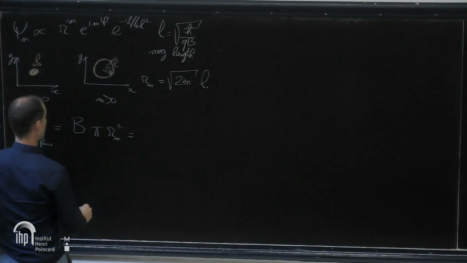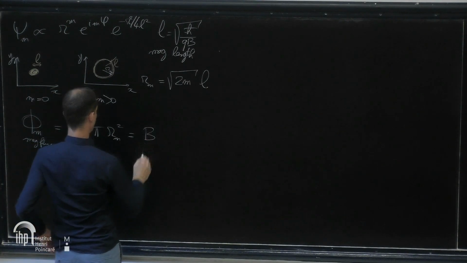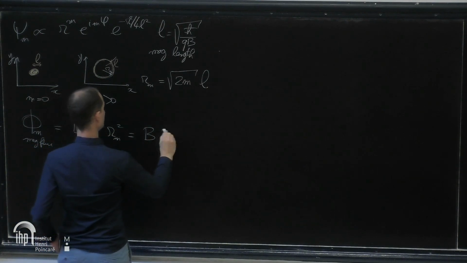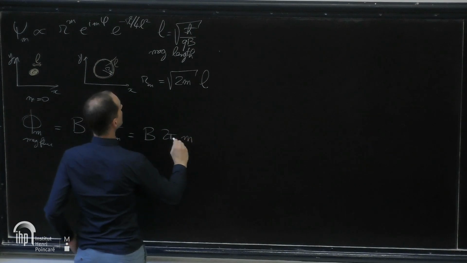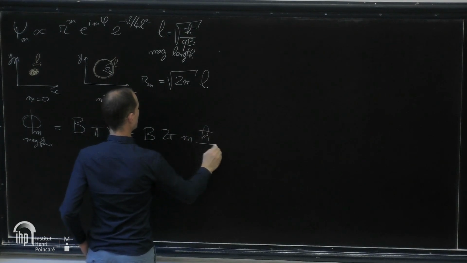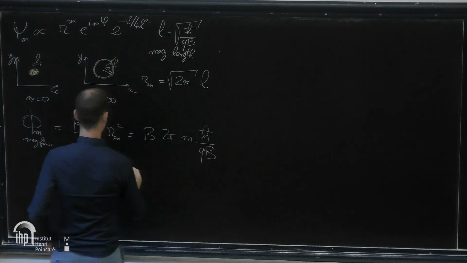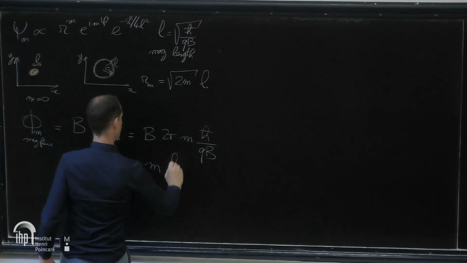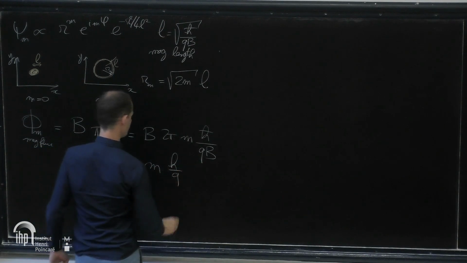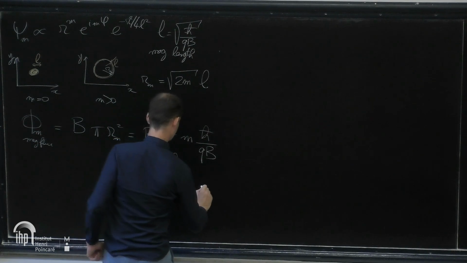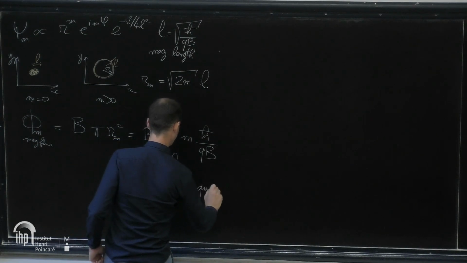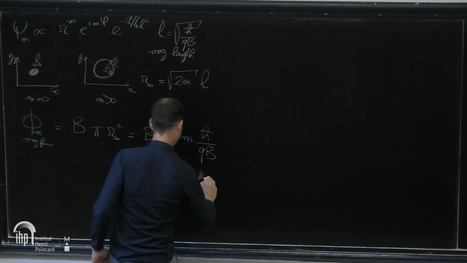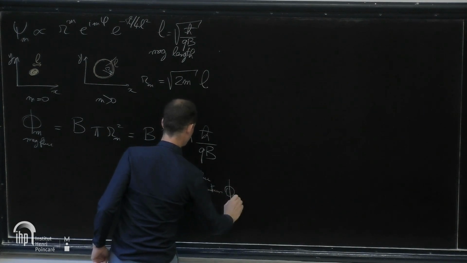And we get B times 2 pi m, l squared is h bar over qB. So we get m times h over q, which is the so-called flux quantum, that I will call phi 0.